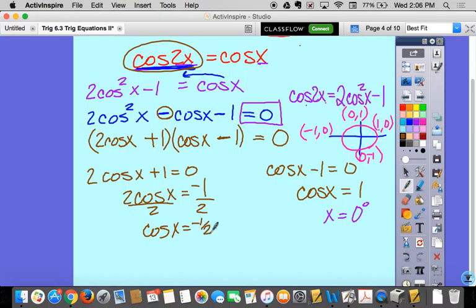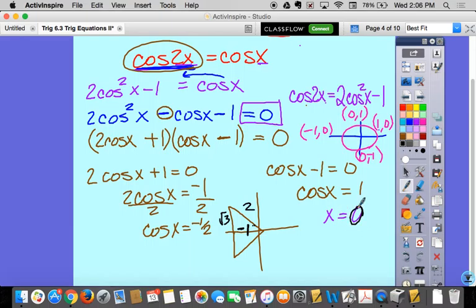Okay, you got to draw it out. Cosine is negative in second and third. Remember, cosine is adjacent, and then we have hypotenuse. So that means square root of 3 to here. This is a 60-degree angle. And I put degrees on this, and we're talking radians. Shame on me. It's 0 radians.